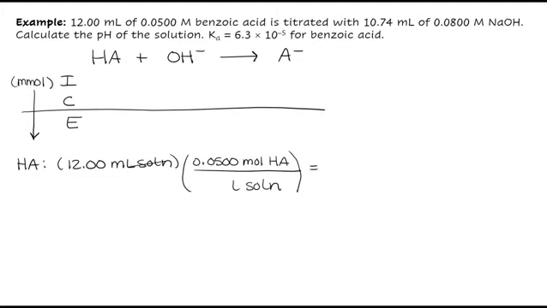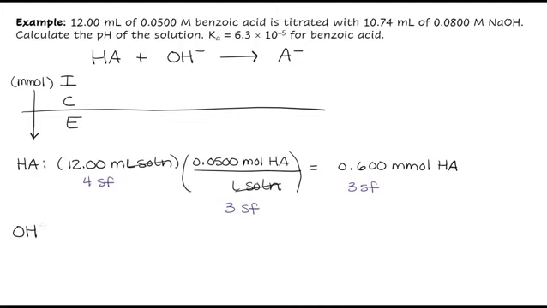Liters of solution will cancel, and that will leave us with milli and moles. Looking at our sig figs, we have 4 sig figs in our volume, 3 sig figs in our molarity, so our calculation of millimoles will give us 3 sig figs. Doing the math, 12.00 times 0.0500 rounded to 3 sig figs gives us 0.600 millimoles of HA.